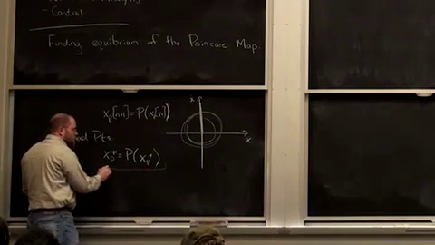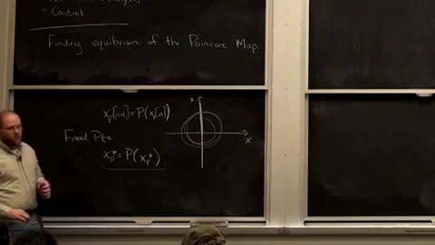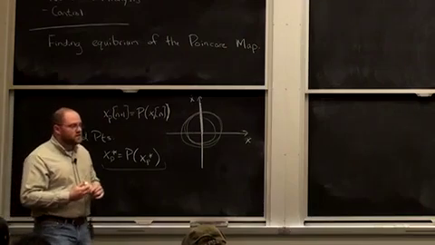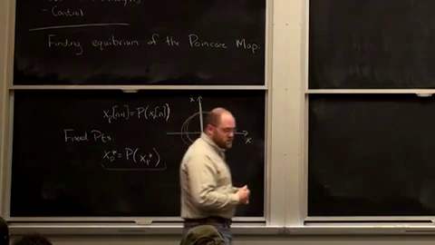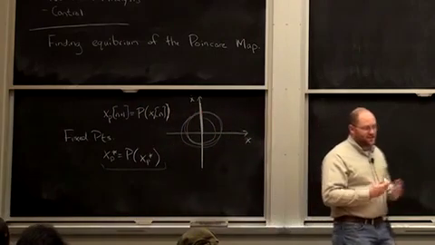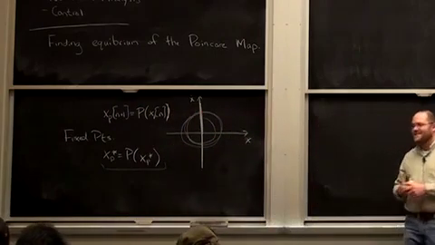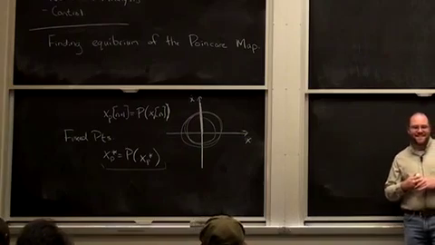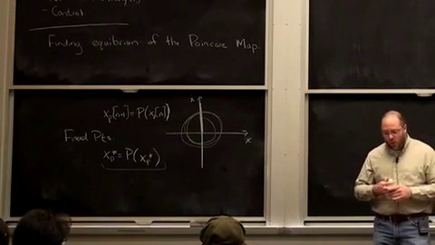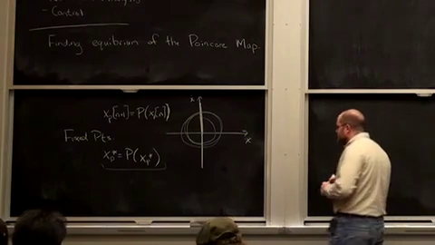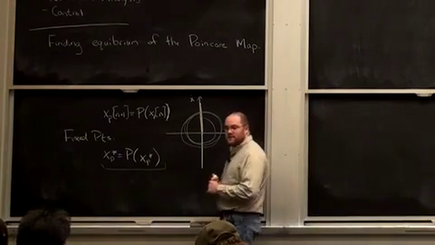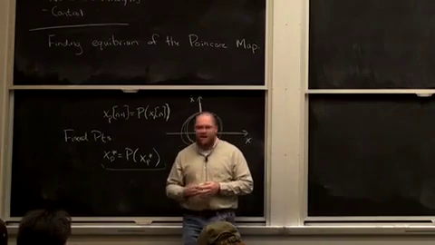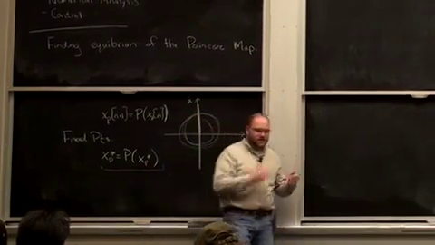Given what we've talked about in other parts of the class, if you wanted to find the fixed points of this system, how would you do it? I've got some big complicated function P, and I want to find the fixed points.